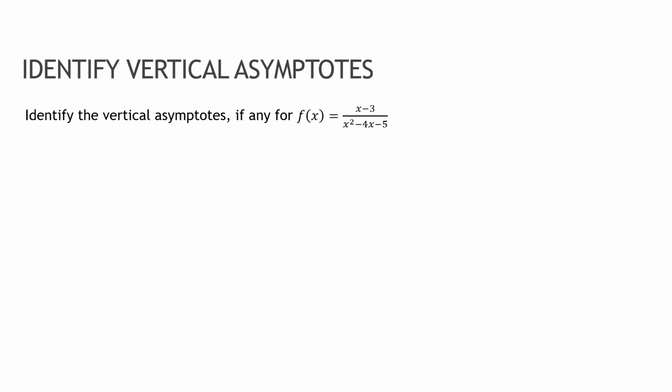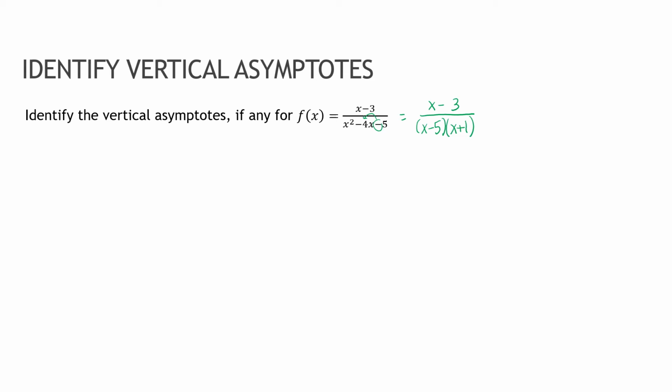So I'm going to look at this function, and the first thing I'm going to do is factor. So again, if you haven't mastered factoring yet, you really need to keep practicing because we're going to keep doing it. Let's go ahead and factor. The top doesn't need to be factored. The bottom, if I look at x squared minus 4x minus 5, I'm looking for numbers that multiply to negative 5 and add to negative 4. So I'm going to use negative 5 and positive 1, because negative 5 and positive 1 add up to negative 4 and multiply to negative 5.